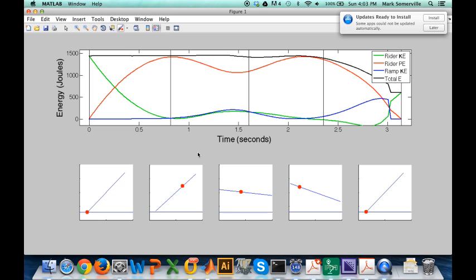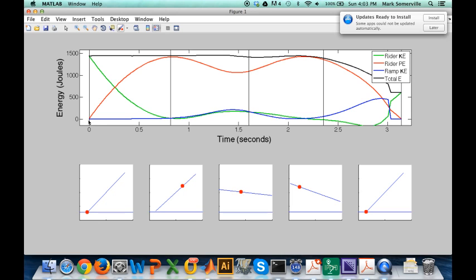So let's now go ahead and look at the energy for a second and see what's going on. I've got the rider kinetic energy in green, the rider potential energy in red, the ramp kinetic energy in blue, and the total energy in black. Let's start with the rider kinetic energy. Or actually, let's start with the rider potential energy.